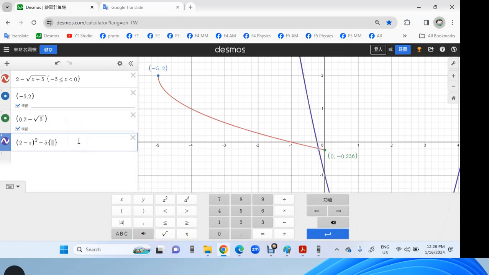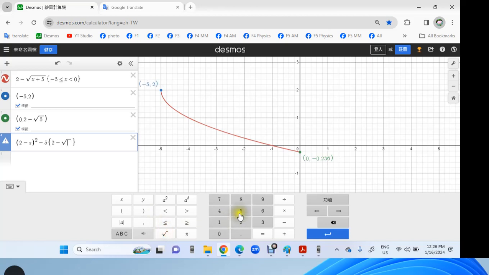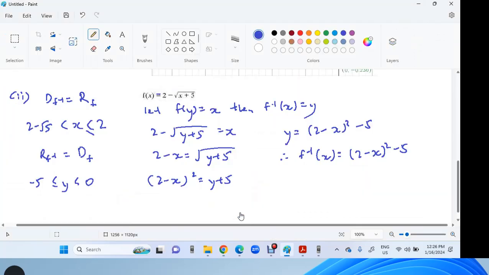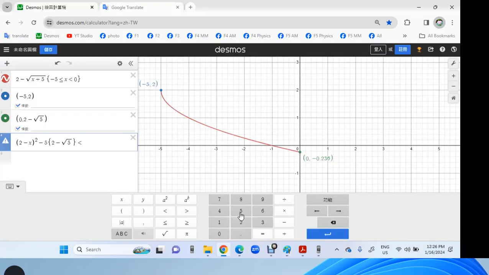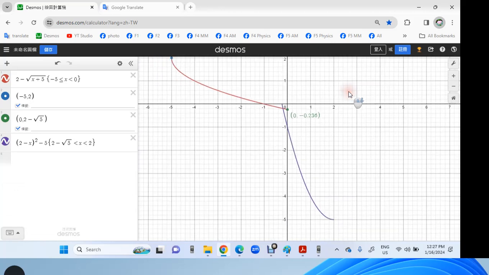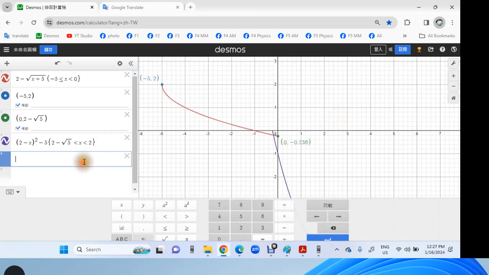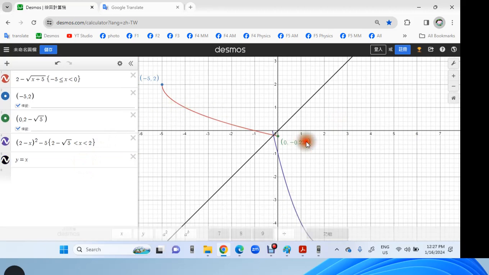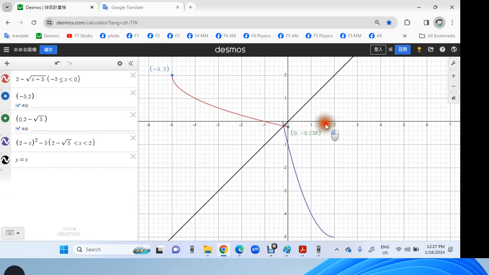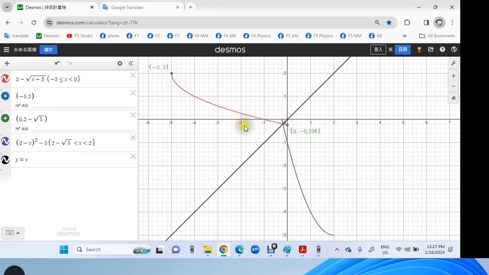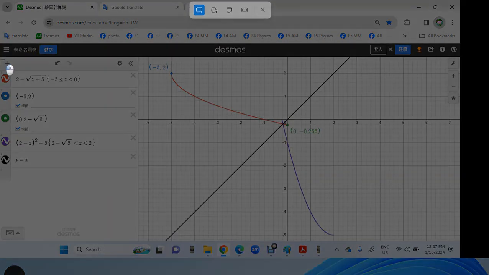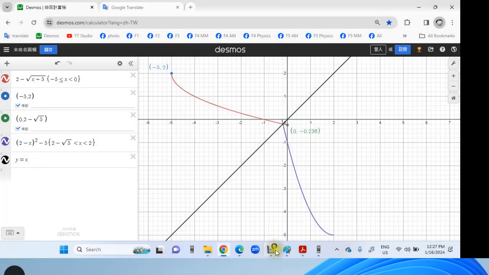Okay, so the domain is 2 minus square root 5, not inclusive, up to 2. So this will be something like this. And we have y equal to x here. So this will be the answer.